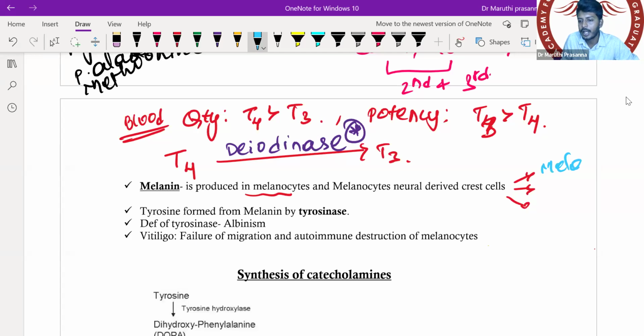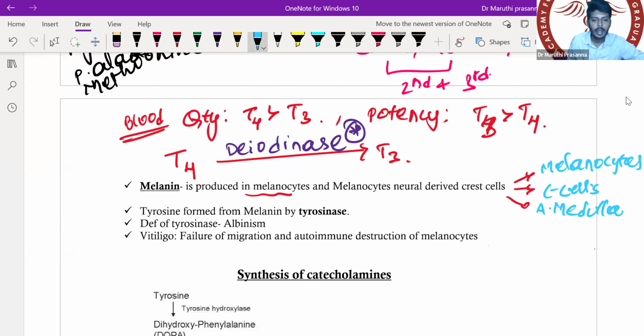One is melanocytes, which I have already told you. Then in the thyroid gland, we have cells called C cells, which produce calcitonin. And the adrenal medulla. All three of them are derived from neural crest cells.